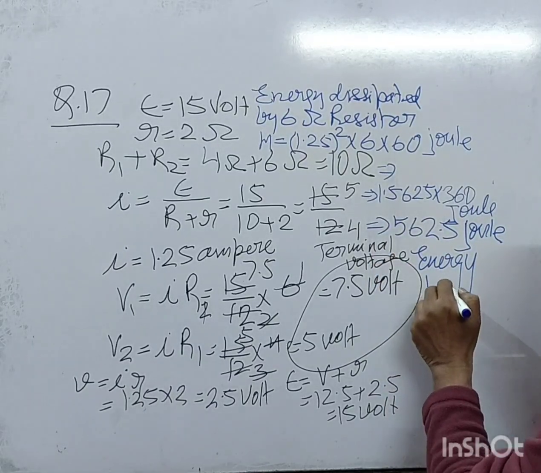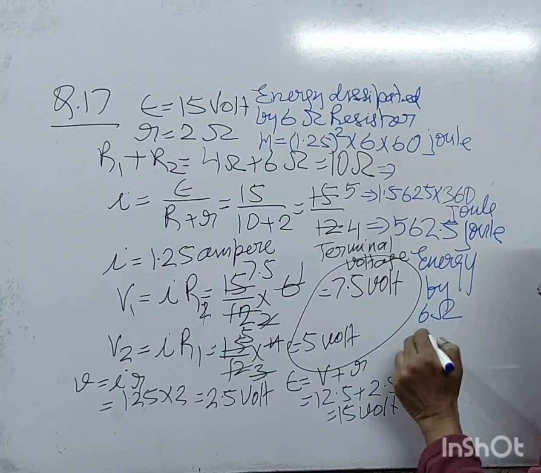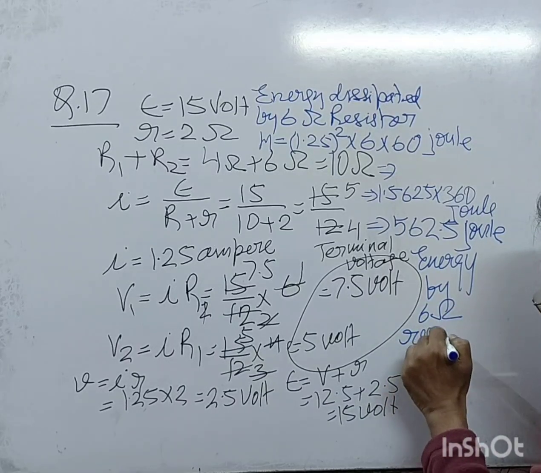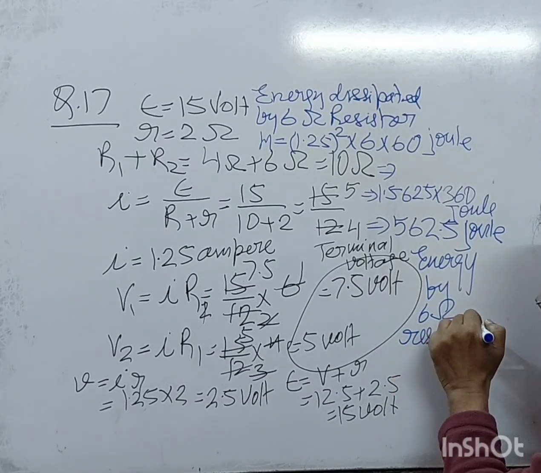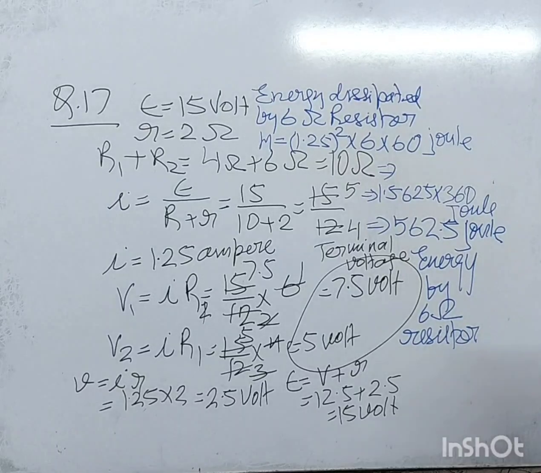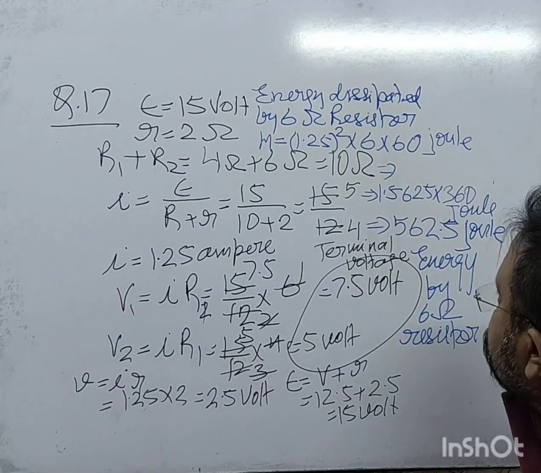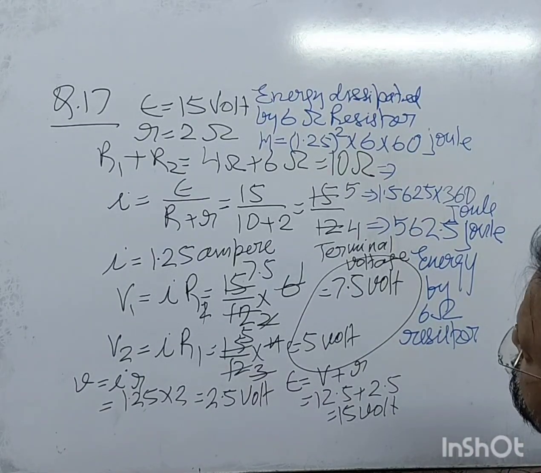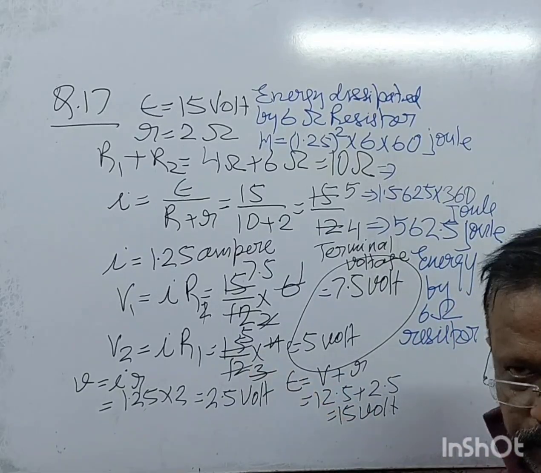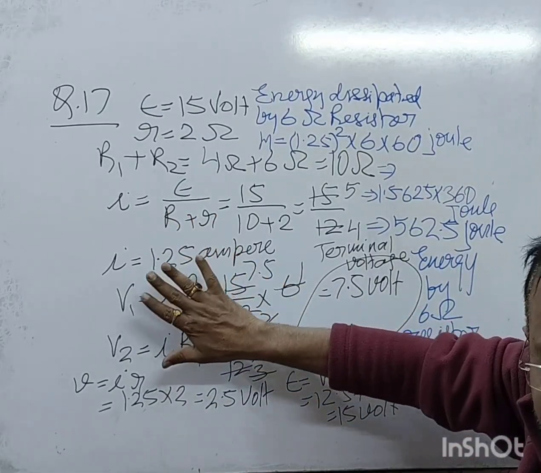By 6 ohm resistor. What is your question? Answer. Correct. 562.5 joule energy is consumed. So this is how we can do this question. Something was extra. This was not required.